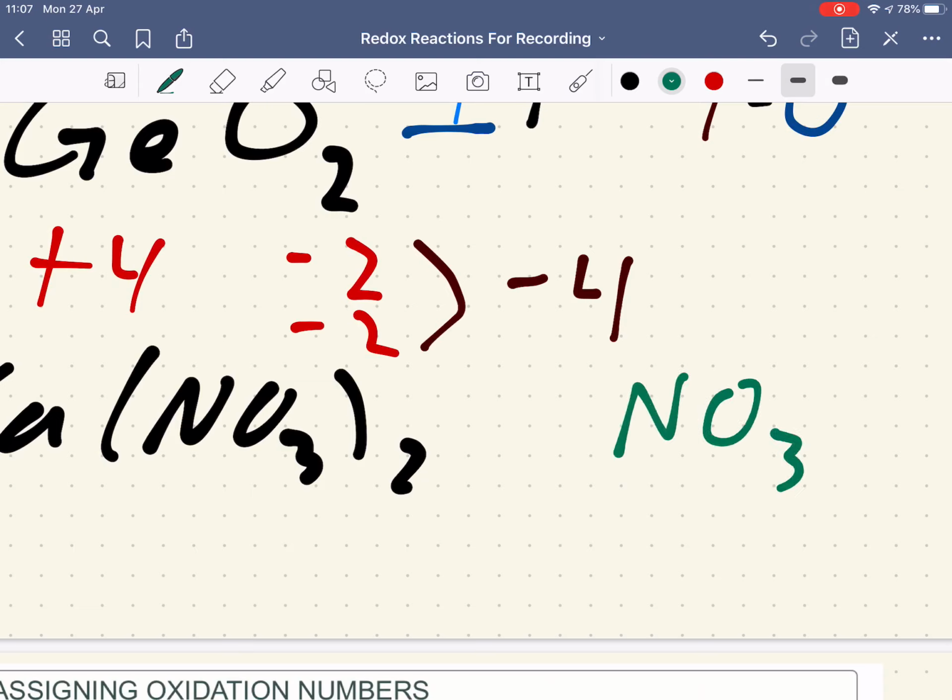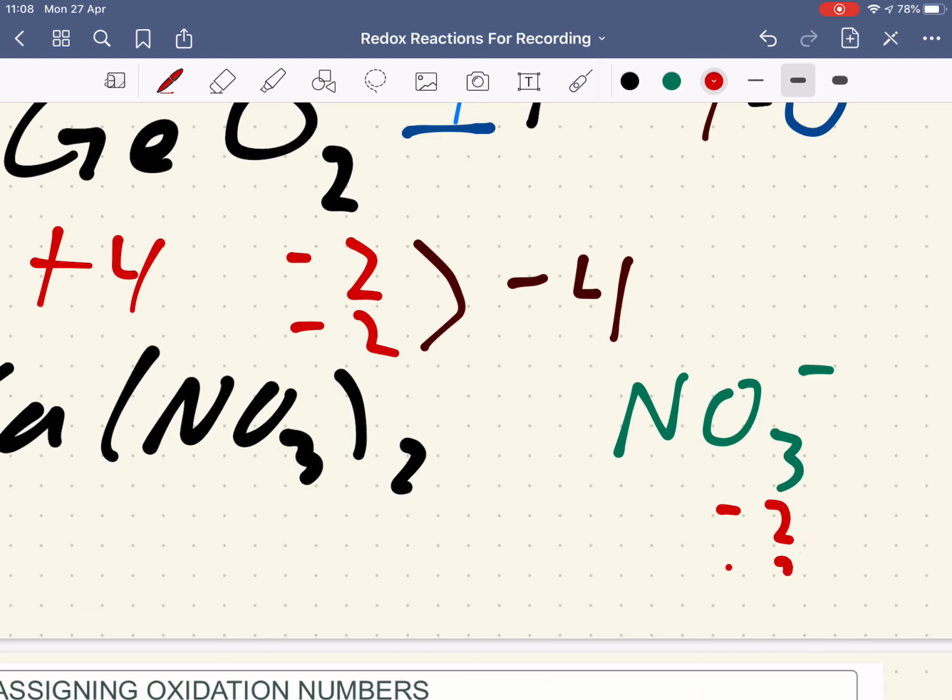NO3. Now, if you remember, hopefully this is recognizable to you. This is called nitrate. Okay, nitrate is a polyatomic ion, and it's got a charge of -1. So this polyatomic ion with a charge of -1 has 3 oxygens in it. Oxygen has an oxidation number of -2.